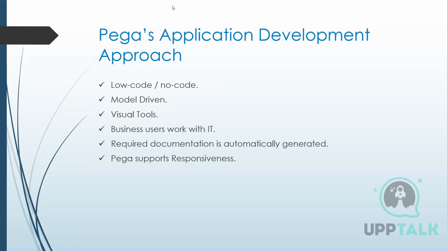And business users work with the IT. When it starts building the skeleton of the application, there's definitely close coordination between the business team and the IT team. In fact, we are the ones who build the high level skeleton of the application to get it accepted by the client or the product owner.